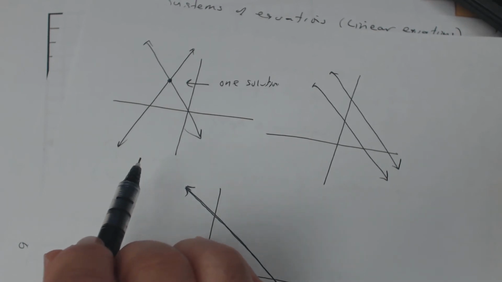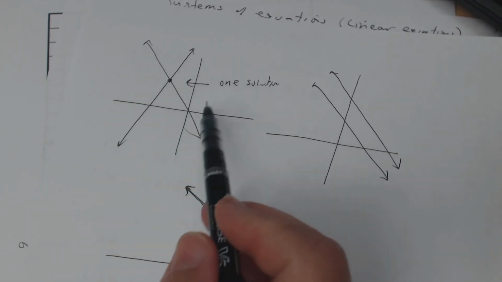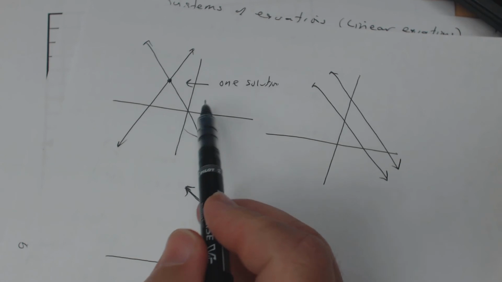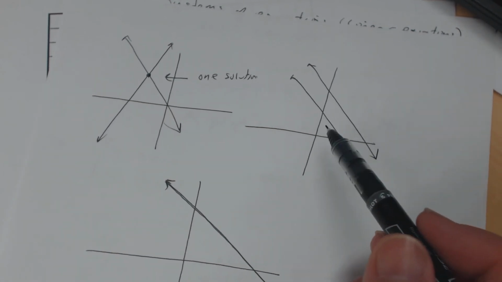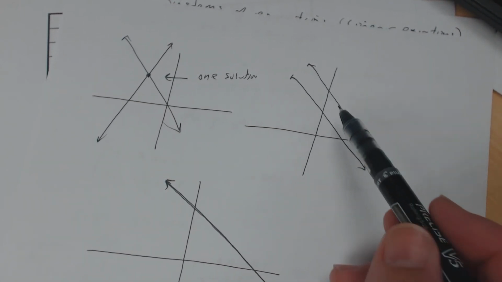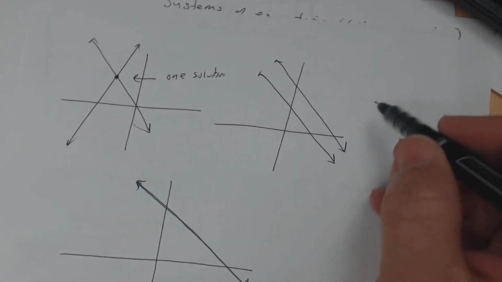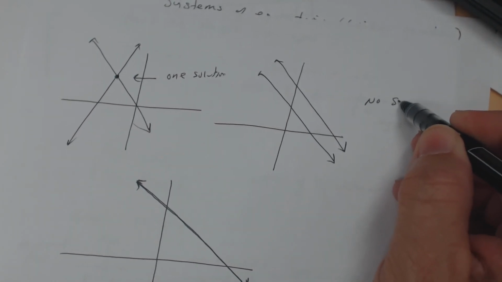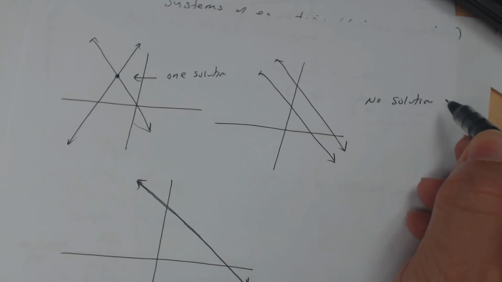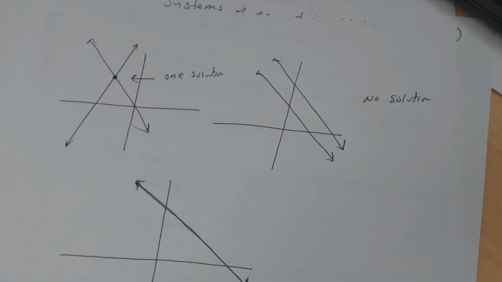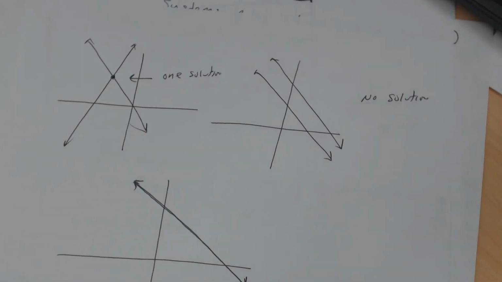For the most part, what you're going to be dealing with will be this situation here, where you only have one solution. If you have a system where the two lines are parallel, they don't intersect, so that means there is no solution. So the lines do not intersect. There's no solution.